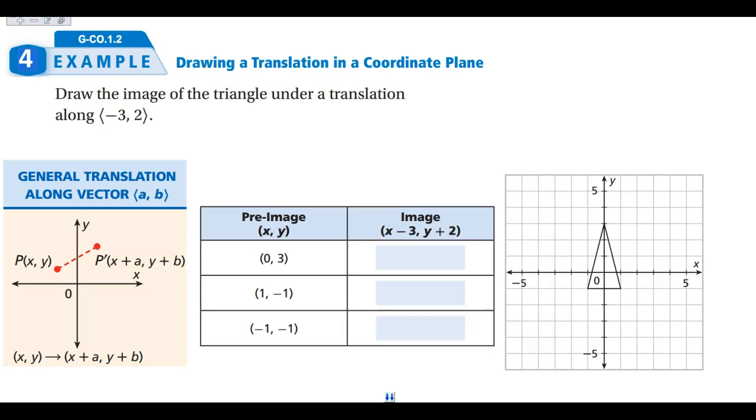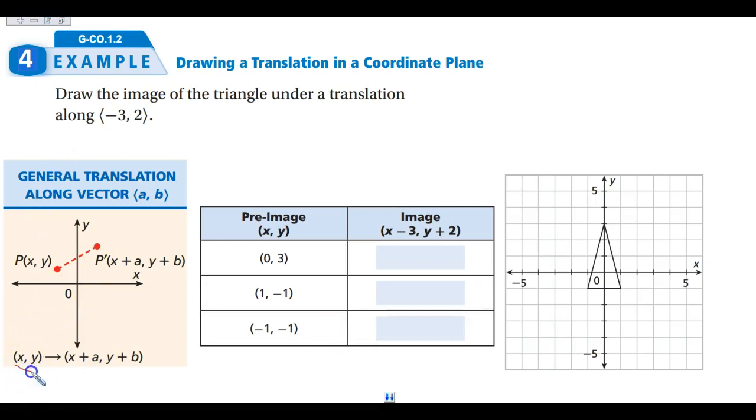So what we want to do is draw the image of the triangle here after we've translated it along the vector <-3, 2>. One of the things that I want you to notice over in the left-hand column of your notes, it says your general translation along your vector AB, which is your title here. And you have that this is coordinate notation.